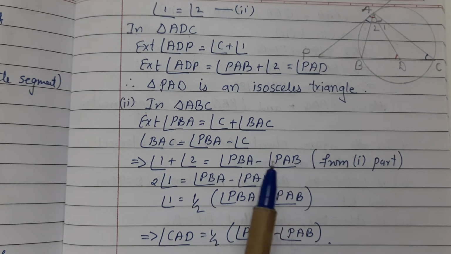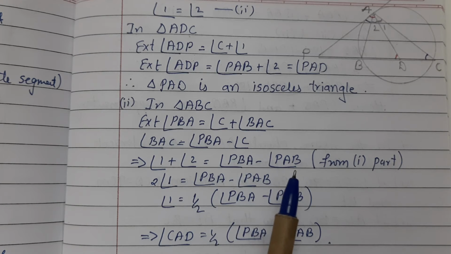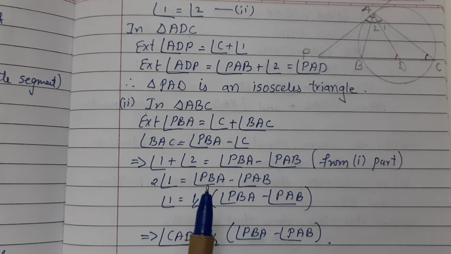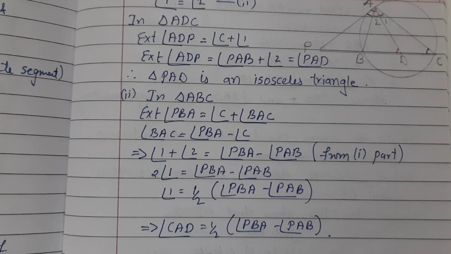So we have written here angle PAB instead of angle C. Therefore, 2 times angle 1 is equal to angle PBA minus angle PAB. Angle 1 is equal to half into angle PBA minus angle PAB. Angle 1 is what? CAD. So CAD is equal to half into angle PBA minus angle PAB.